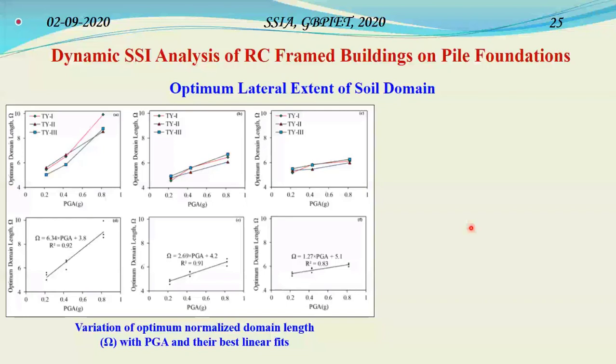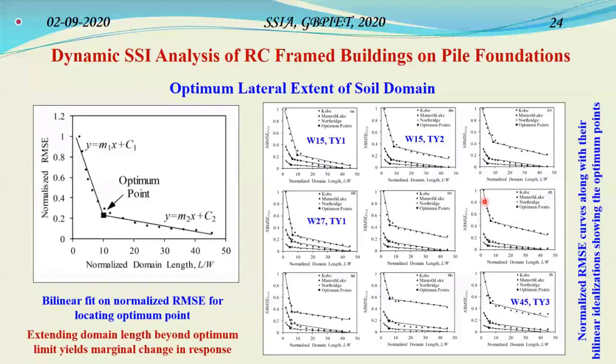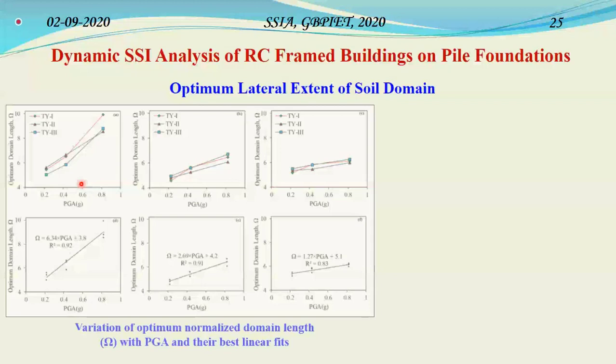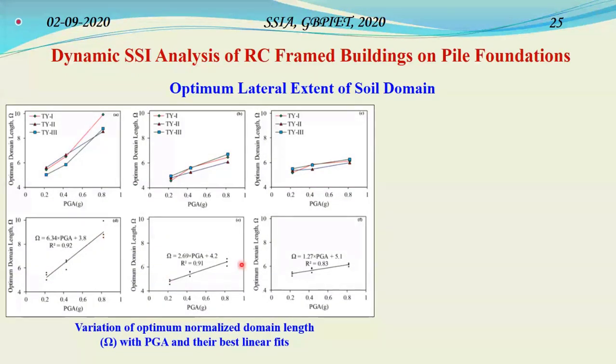Based on all these exercises, we understood that structural width and PGA are the most important parameters governing the optimal domain length. So this optimal domain length was plotted against PGA for various types of soil, and again a best fit linear plot is provided. So we gave a proposition of how the optimum normalized domain length should vary with the PGA.